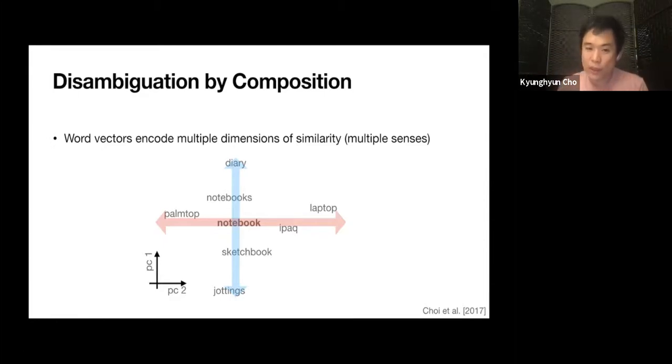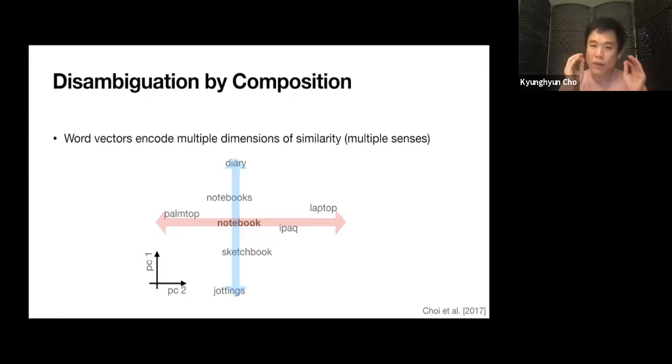And the interesting thing is, because notebook can appear in these two different possible contexts, the word vector that corresponds to notebook, learned based on the procedure that we talked about in the second part, will in fact encode multiple dimensions of similarity. The example that I'm showing you on the screen is not a made-up example.